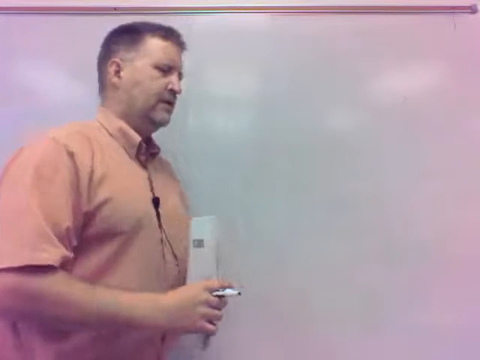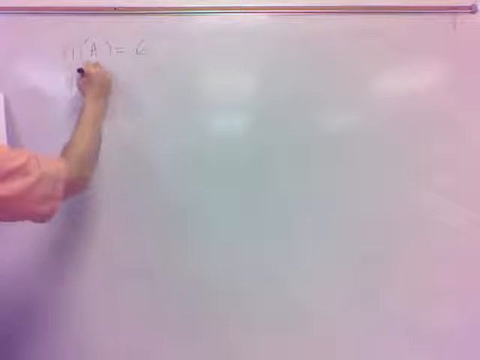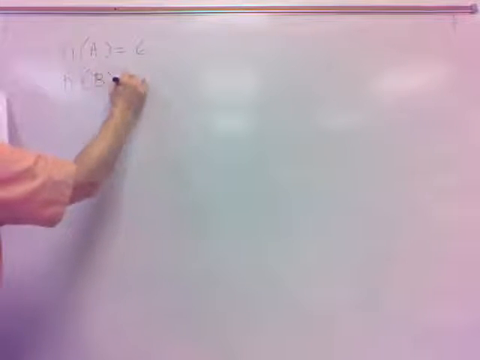All right, there's a formula actually we need to talk about for this section. We'll get to it in just a second, but let me start with this little example here. Say I know the number in set A is 6, the number in set B is 5.